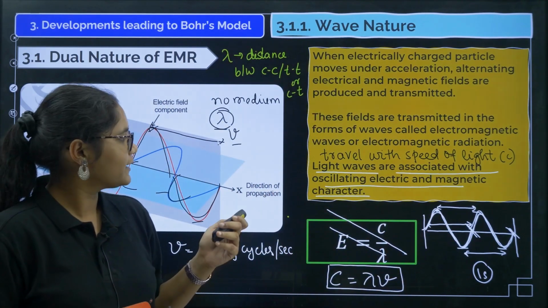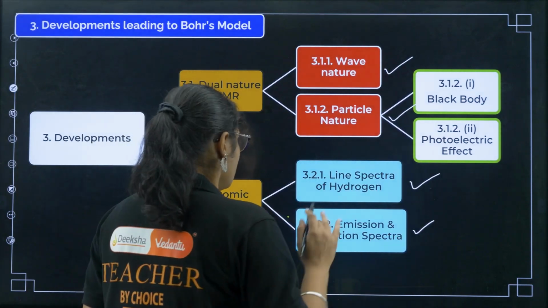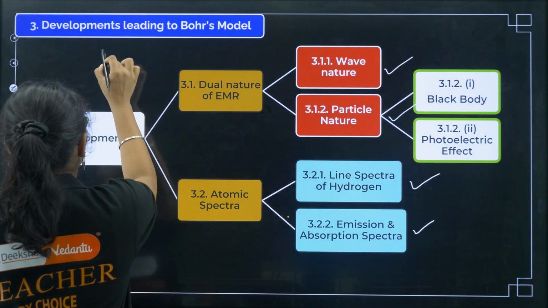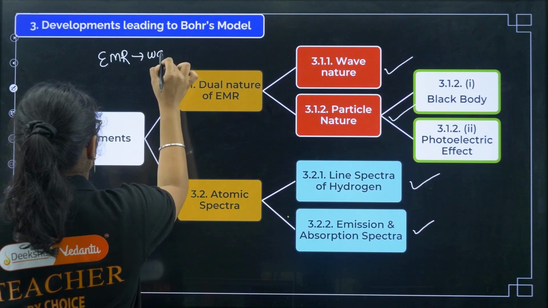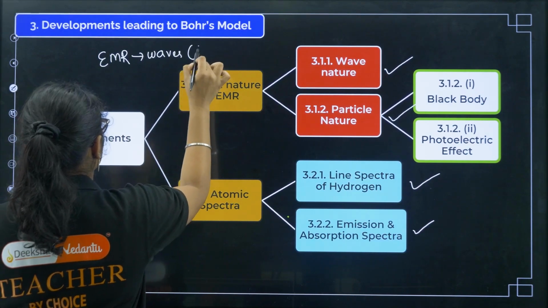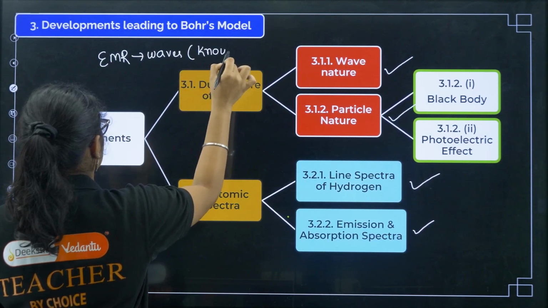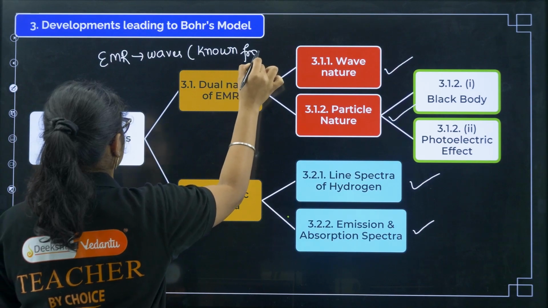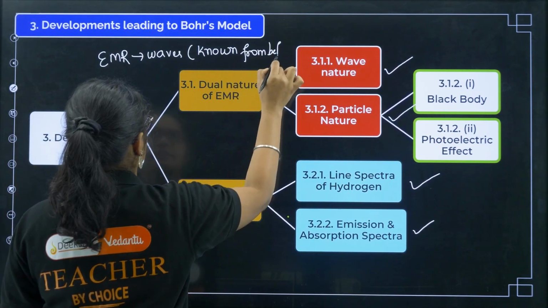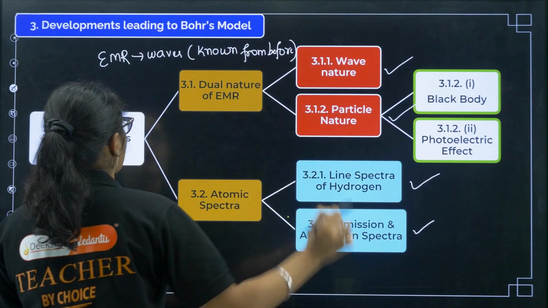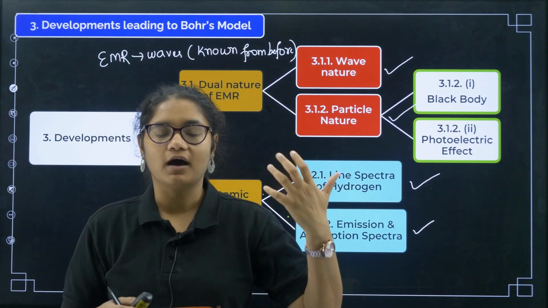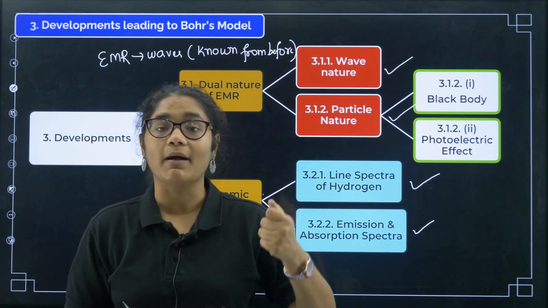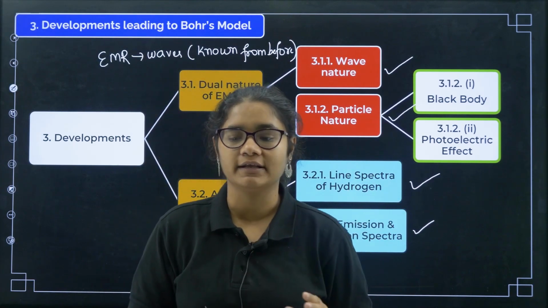So what I can conclude here is, electromagnetic radiations are waves. This was known from before. Scientists had already discovered that these radiations have wave nature. So what was new was the particle nature of electromagnetic radiations.